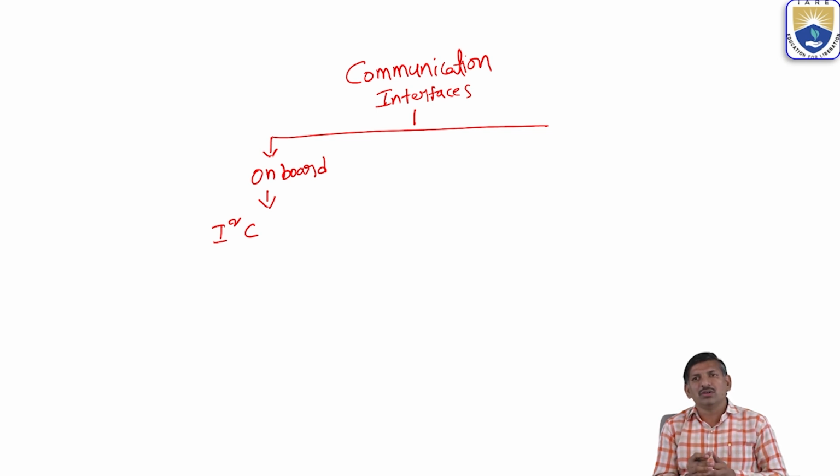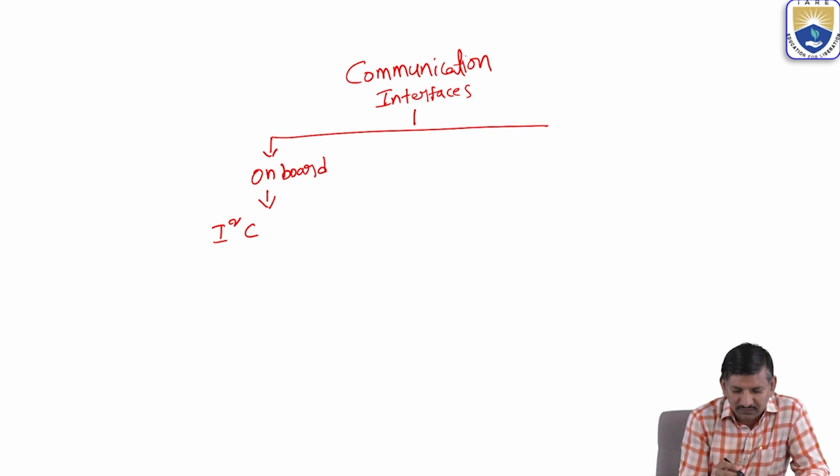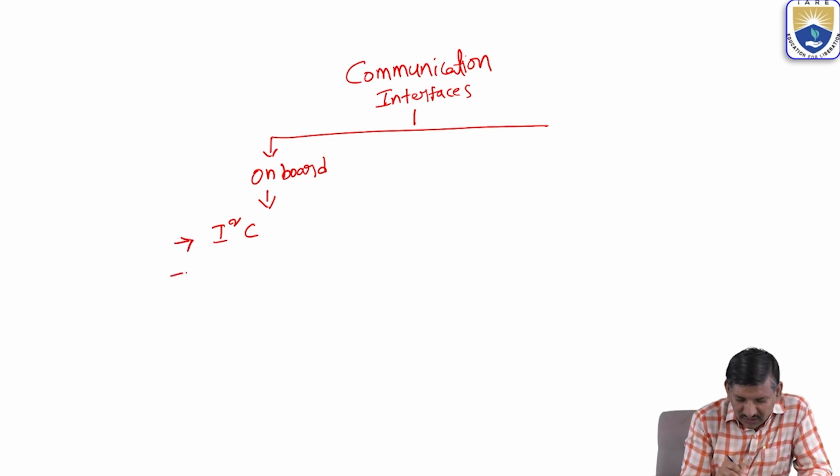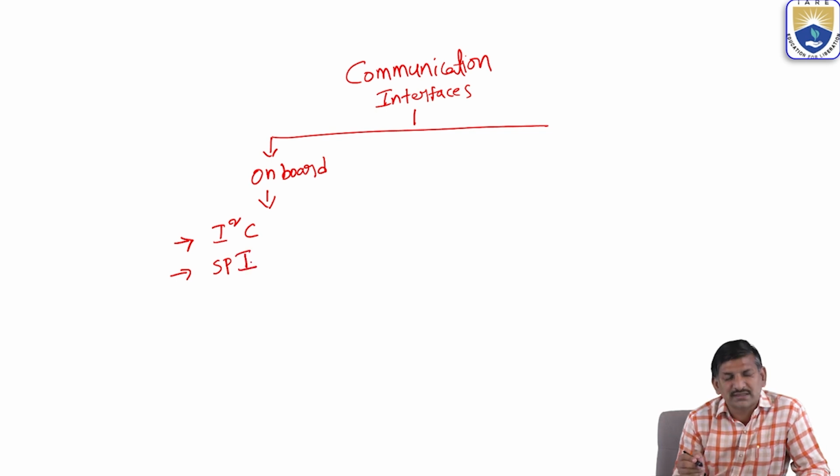So in that point of view, one of the communication peripherals is I2C. I2C means inter-integrated circuit. Next one is serial peripheral interface.